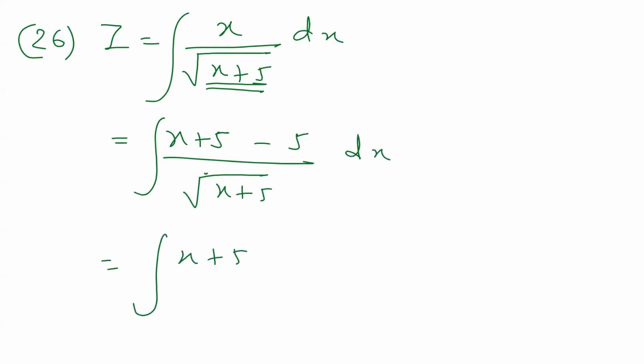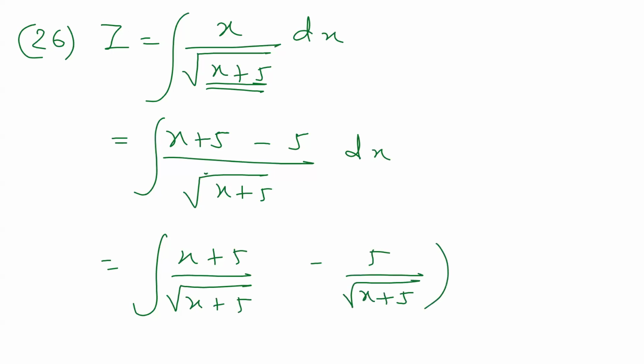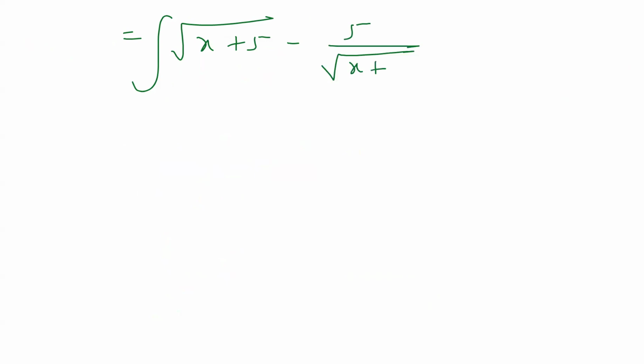So x plus 5, now split root of x plus 5 minus 5 upon root x plus 5 dx. Now a upon root a is root a. We know this, a upon root a is root a. Okay, so x plus 5 upon root x plus 5 is root x plus 5, minus 5 upon root x plus 5.